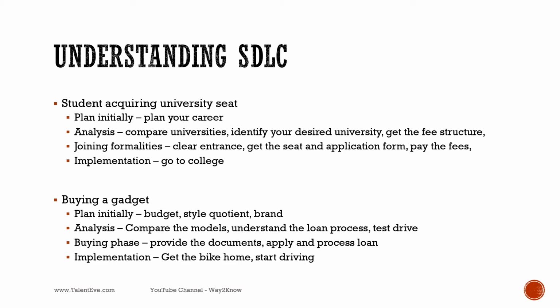You understand the specifications of each of those models, and if you want to take a loan, you will understand the loan process. For example, if it is a bike, you will do a test drive of it.